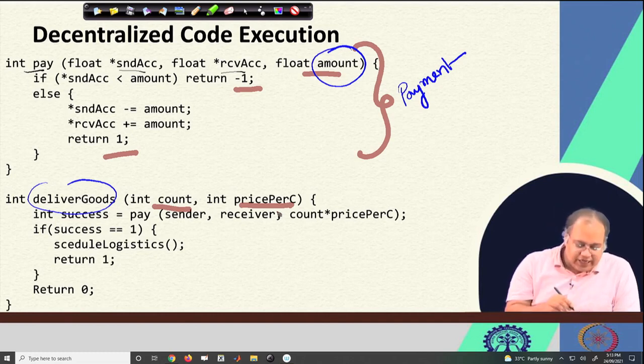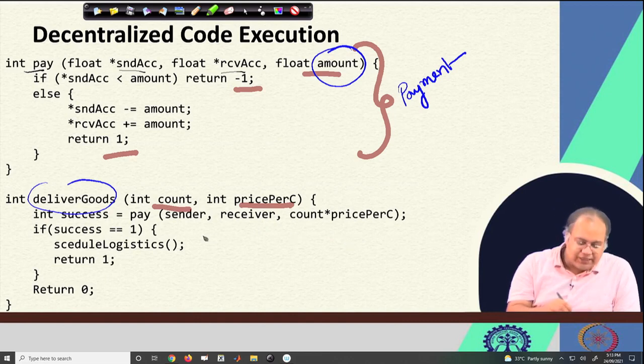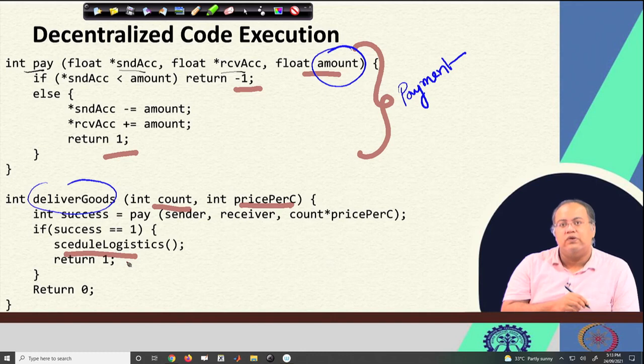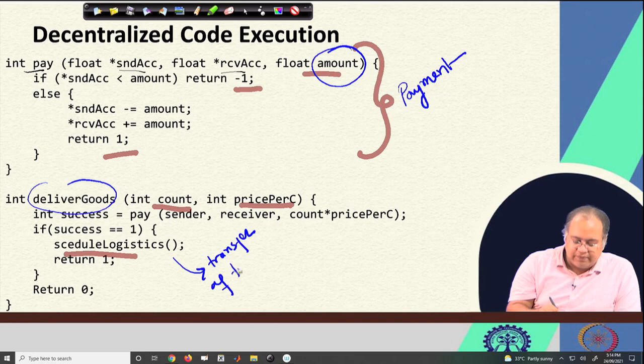It first makes a call to the payment function, and checks whether the payment is successful or not. If the payment is successful, then you schedule the logistics, that is, make a call to another function called schedule logistics, that actually initiates the transfer of the items from the sender to the receiver.